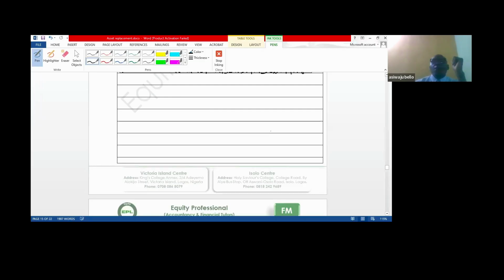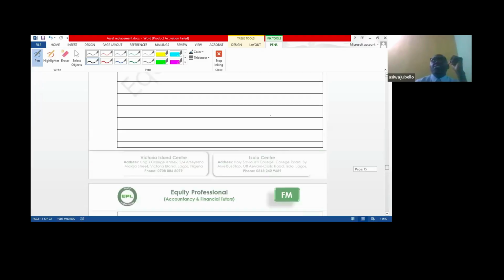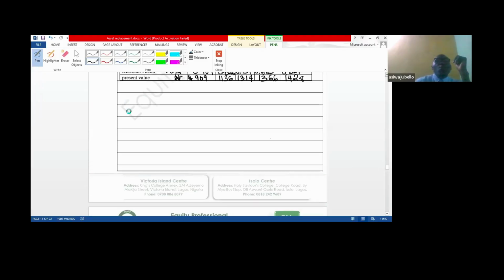Remember, we mentioned 3 relevant cash flows: cost of the machine, maintenance cost of the machine, and the scrap value. Working 2, the scrap value. We have year 2011, that is year 1. Scrap value is 2 million.